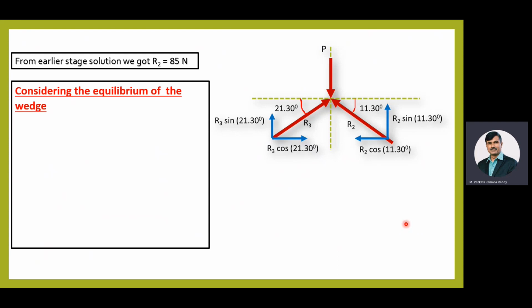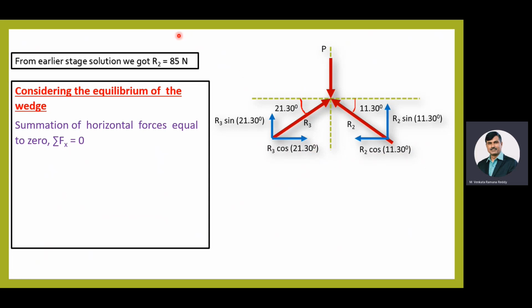First, we will consider summation of the horizontal forces is equal to 0, that is, sigma F of x is equal to 0. Here, the horizontal forces are R3 cos 21.30 degrees and R2 cos 11.30 degrees. Here we are considering rightward forces as positive, leftward forces as negative. Then R3 cos 21.30 degrees is equal to R2 cos 11.30 degrees.